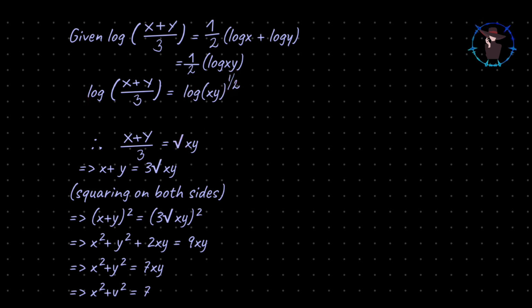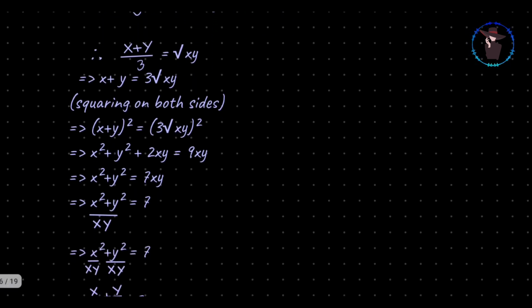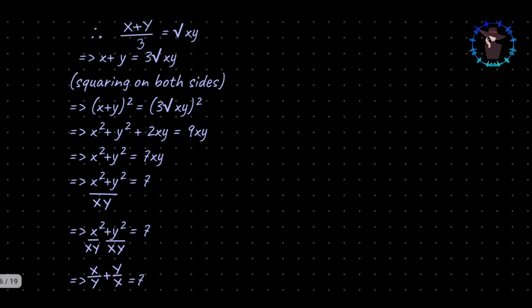This half can convert into root. Log cancels, remaining is x plus y by 3, which is equal to root of xy. Now let's send this 3 here. If it is in the division form, we'll send it to the multiplication side. Squaring on both sides, x plus y whole square is equal to 3 root xy whole square.